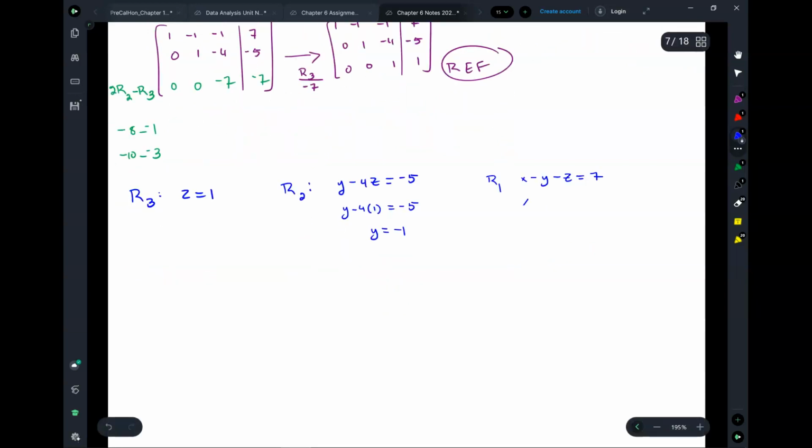So, x minus negative 1 minus 1 equals 7. X plus 1 minus 1 equals 7, so x is 7. So how do I write my answer? 7, negative 1, 1.